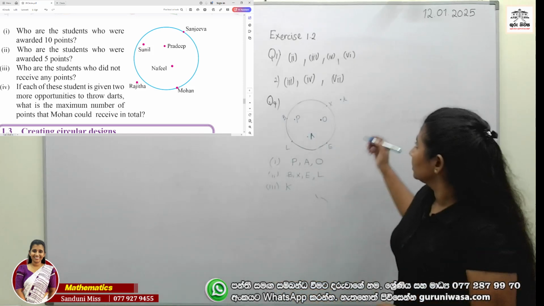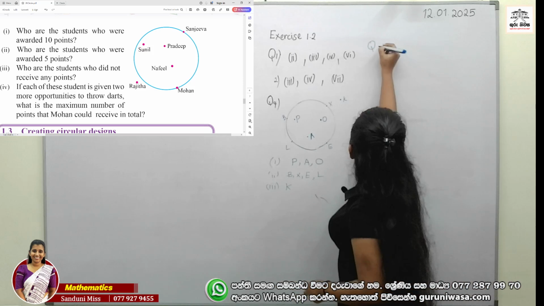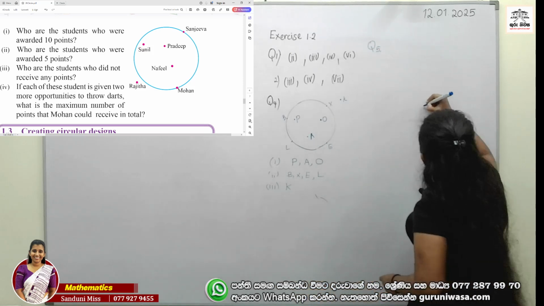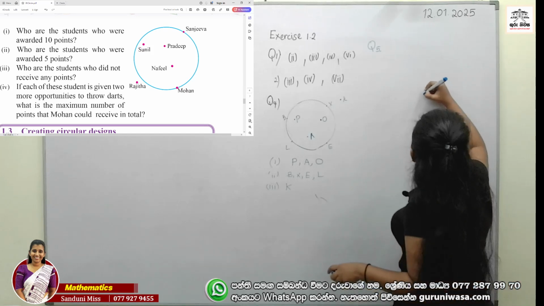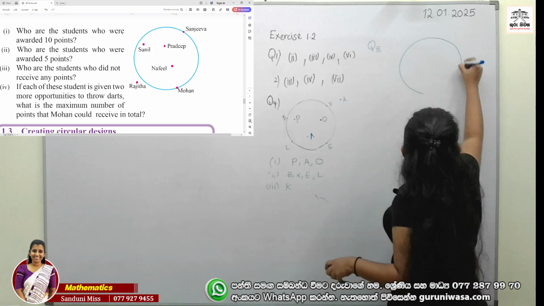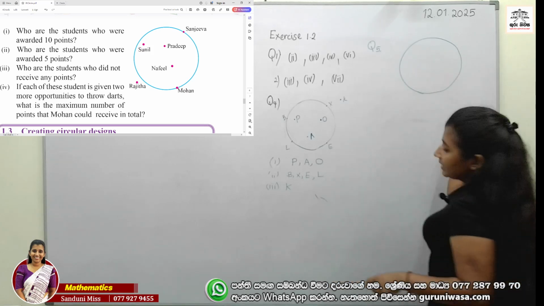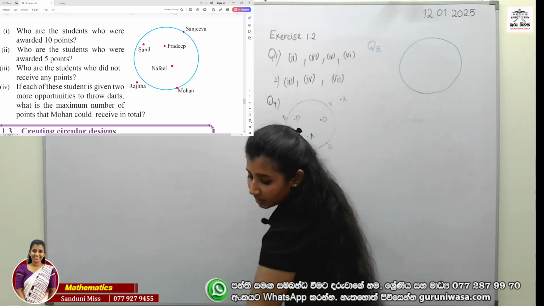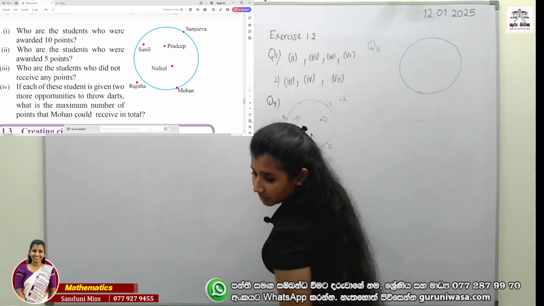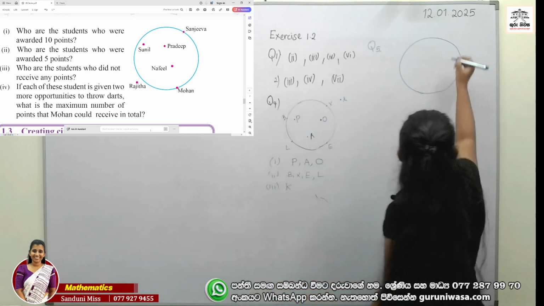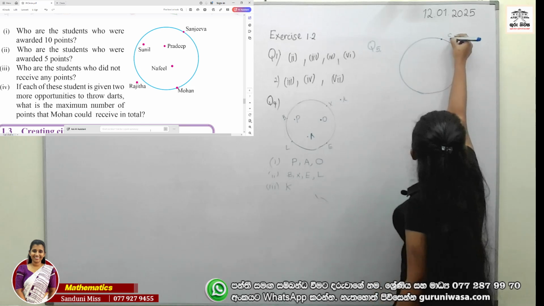Next, question number 5. I will draw the circle first. In this circle, it says here Sanjeev.